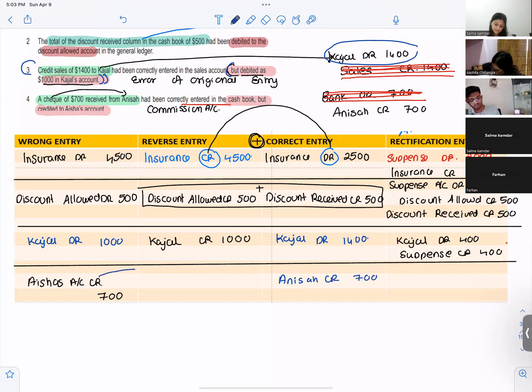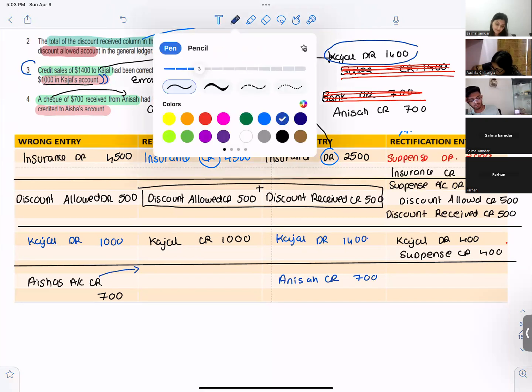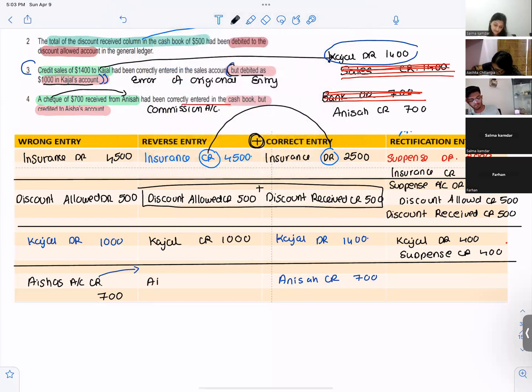Can you do the reverse of this? Okay, so Aisha debit 700. What is the rectification entry? Aisha debit, Anisa credit.